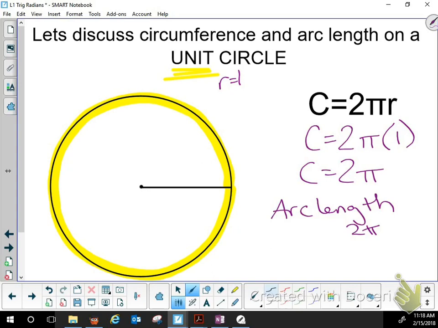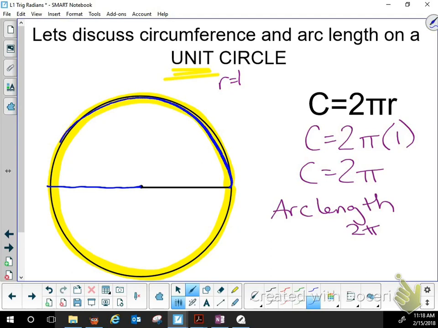Now, let's say I wanted to do an angle that was straight across here. How far did I go? 180. So, if you're telling me degrees, you're telling me 180. If you're telling me how far around the arc I went, you went pi.